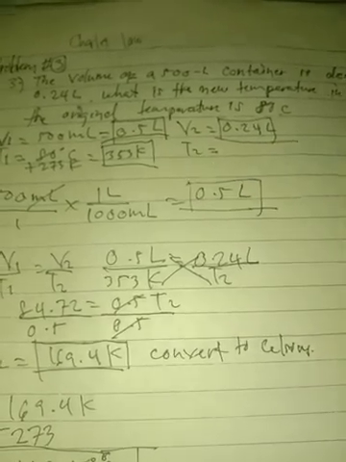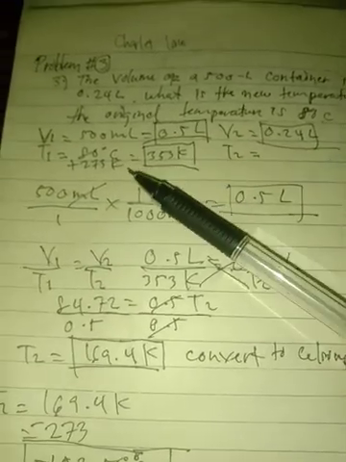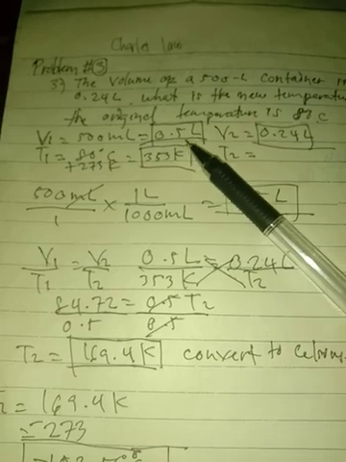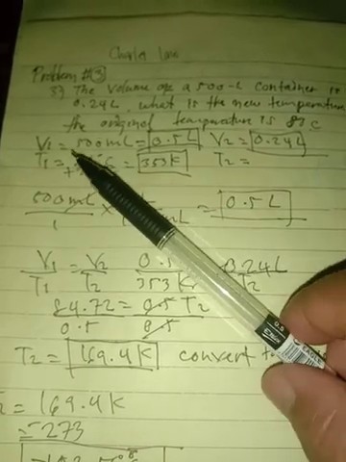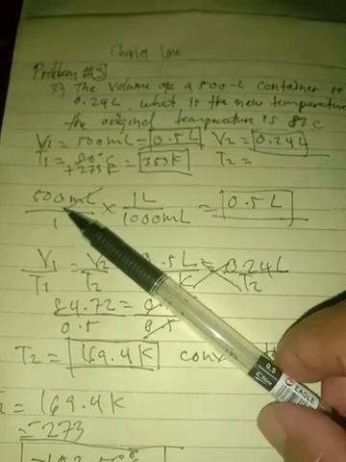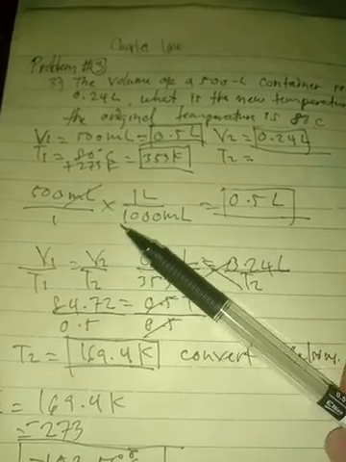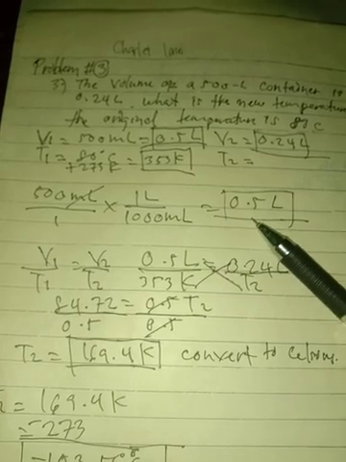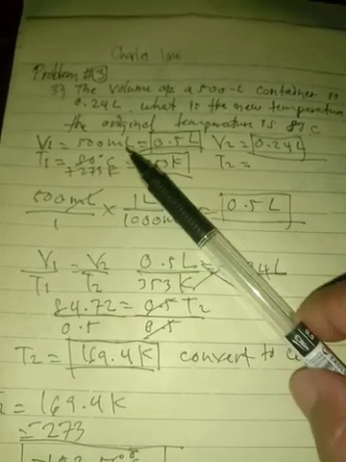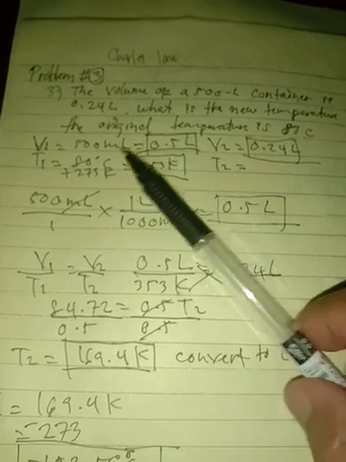So now we are going to convert ml to liter. So what we are going to do in volume 1 first is 500 ml divided by 1000 ml, so equals 0.5 liter. So here 0.5 liter in volume 1.